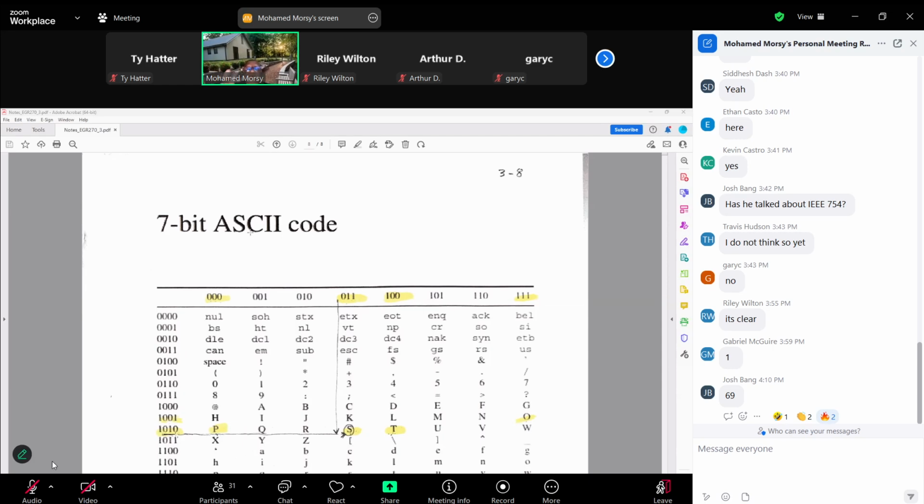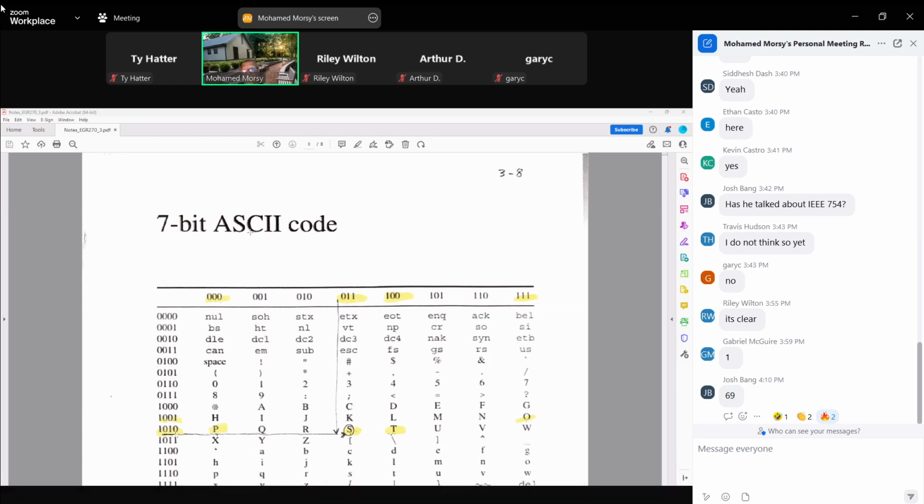So we discovered the message is not correct. But this technique does not fix the error. We just say, we have a wrong message here, because the number of ones must be odd if it is odd parity, or the number of ones must be even if it is even parity. So we just know that the message we received is not correct.